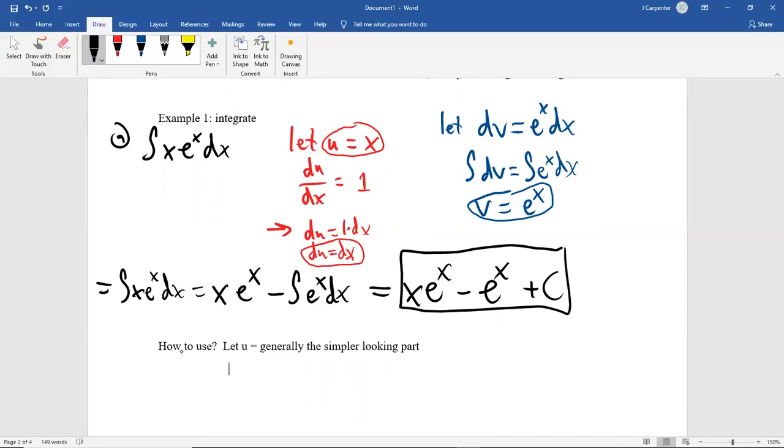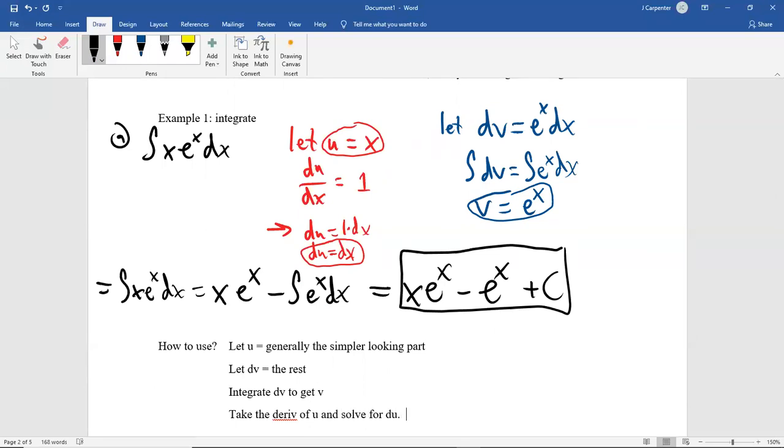After that, we say let dv be the rest of the problem. After that, we integrate dv to get v. After that, we take the derivative of u, solve for du.